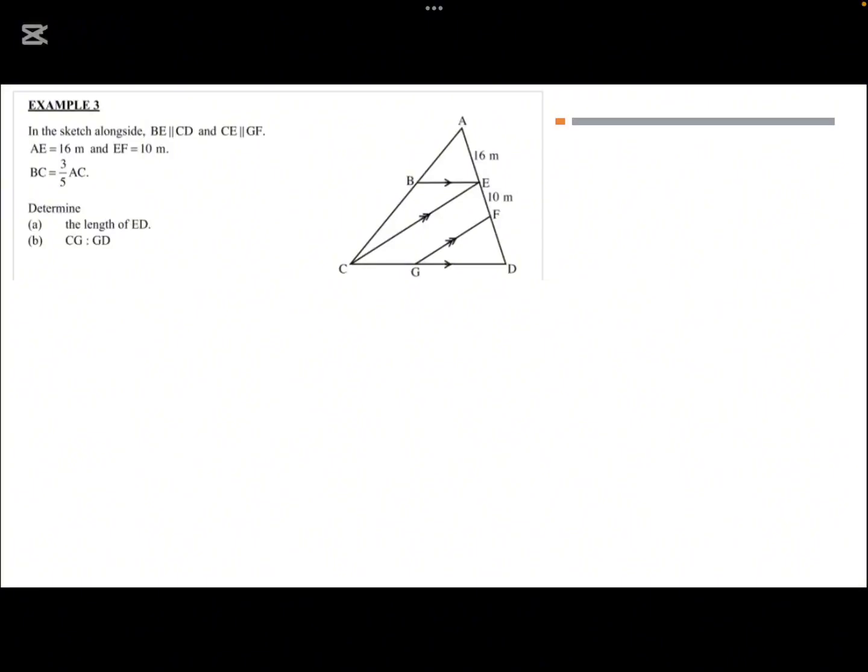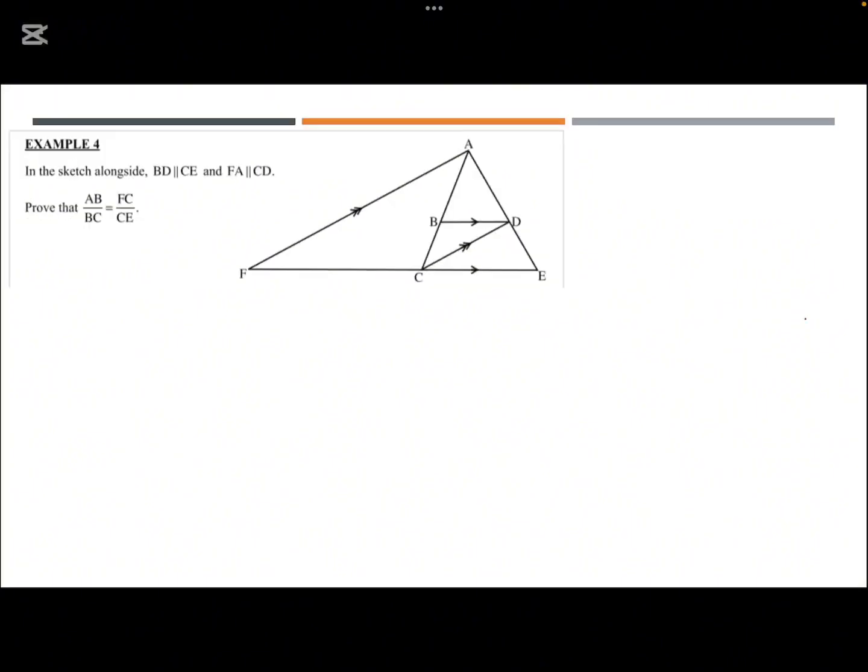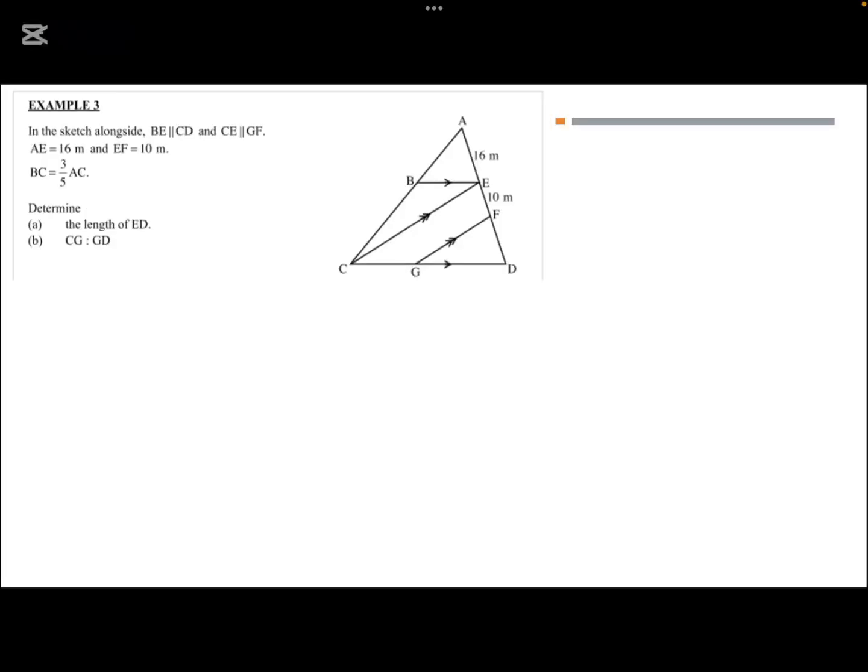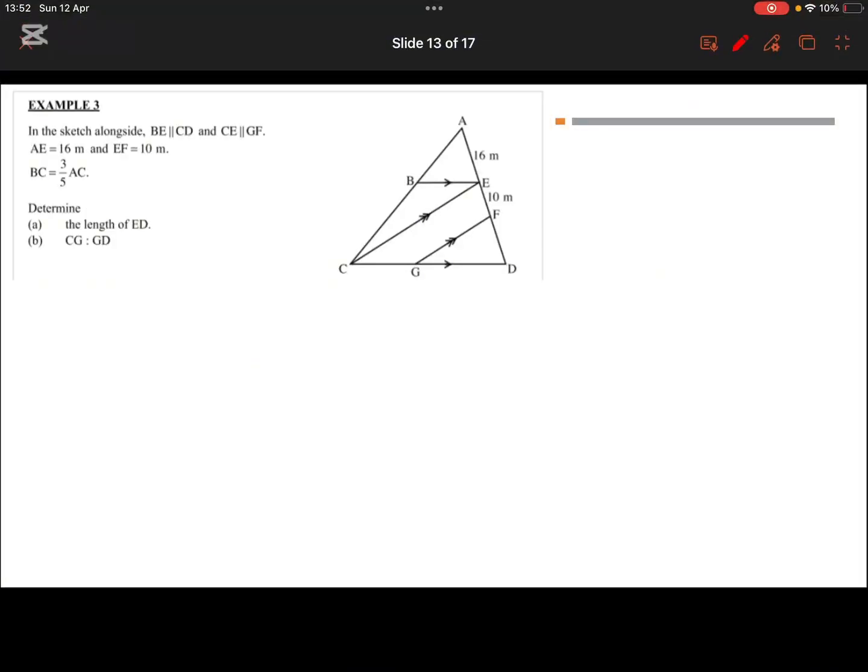Okay, now let's take a look at example 3.